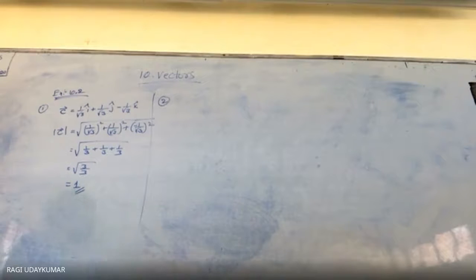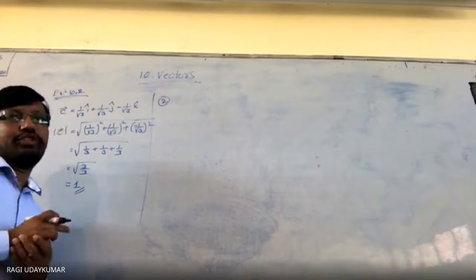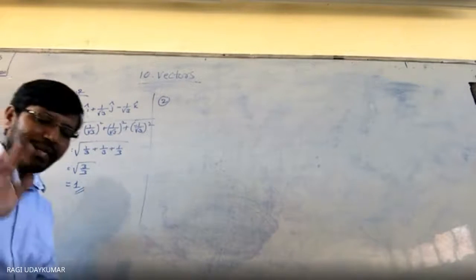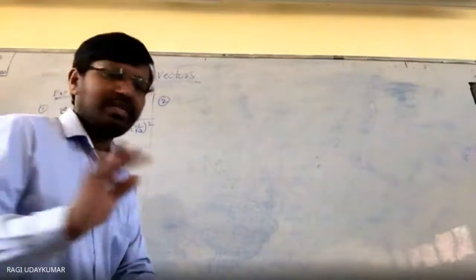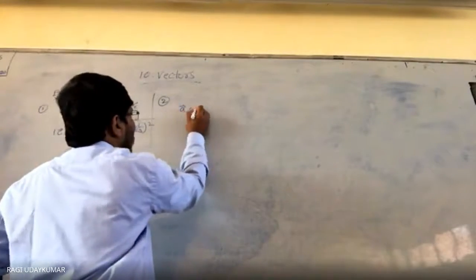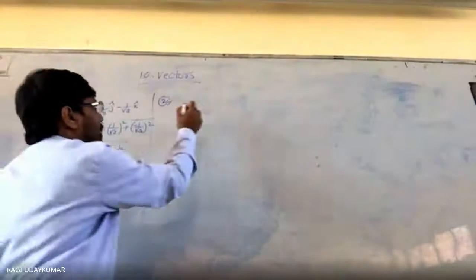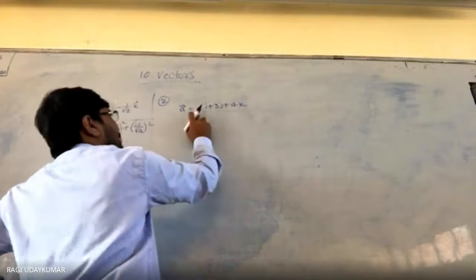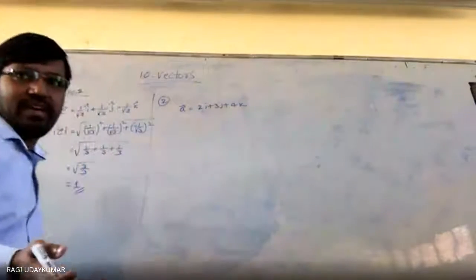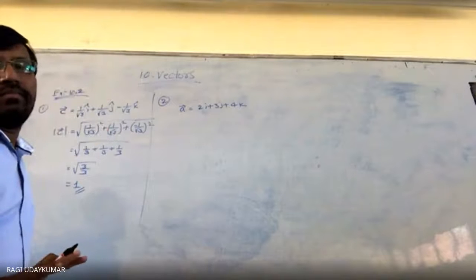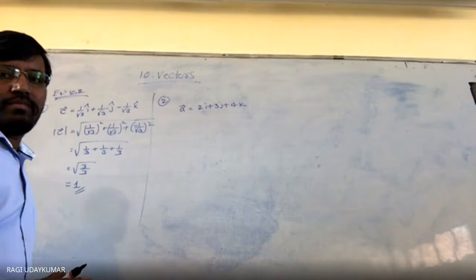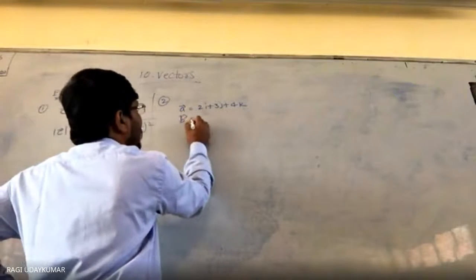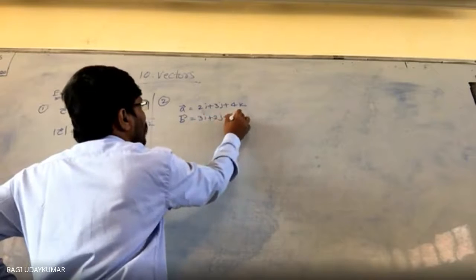Second problem, you see here: two vectors having the same magnitude. You need to give two vectors whose magnitude is the same. For the magnitude to be the same, the simple logic is what? A vector I am taking as a bar. I can take here 2i plus 3j plus 4k. Write this 3 here and 2 here, the vector becomes different, but its magnitude is the same. Or you can take b vector as 3i plus 2j plus 4k.